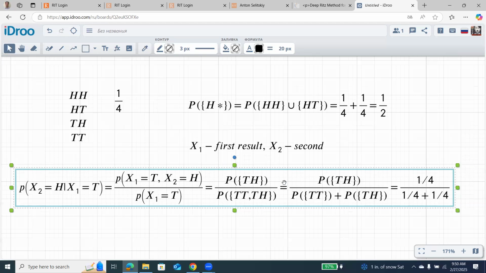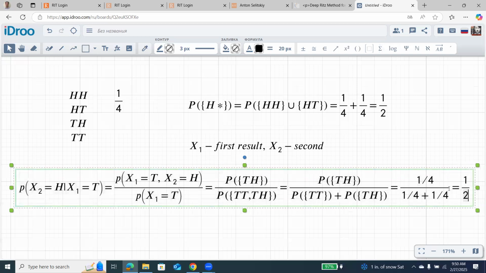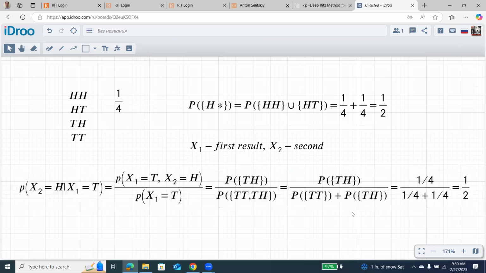And on this simple example, it coincides with our expectation from the output, but there's no other meaning of this. It's just a definition of conditional probability: the joint probability over the probability of the condition. And in most cases, it makes sense.